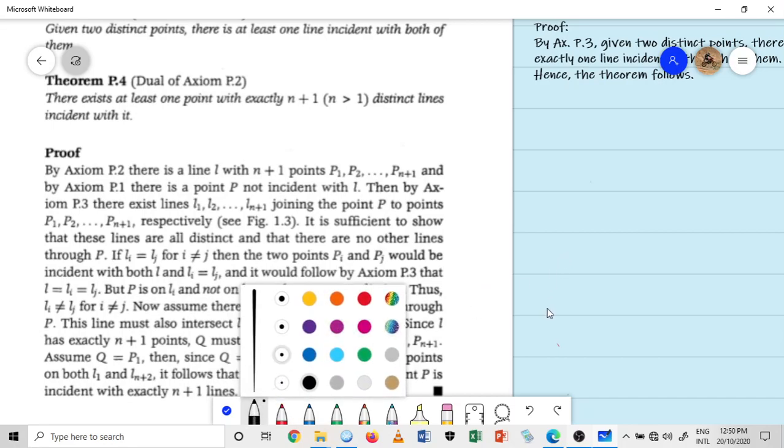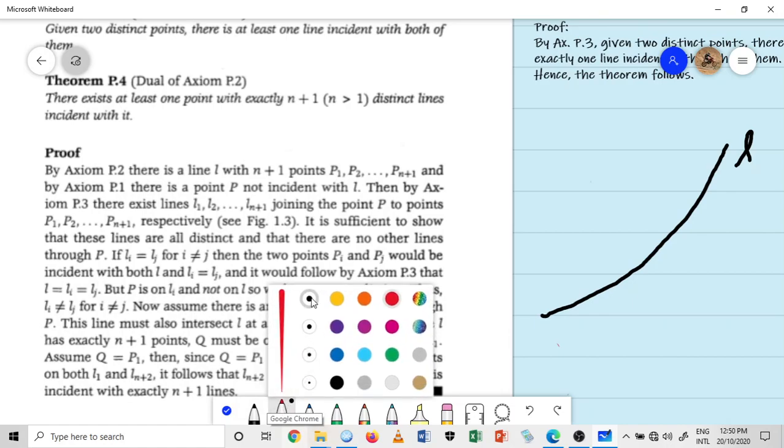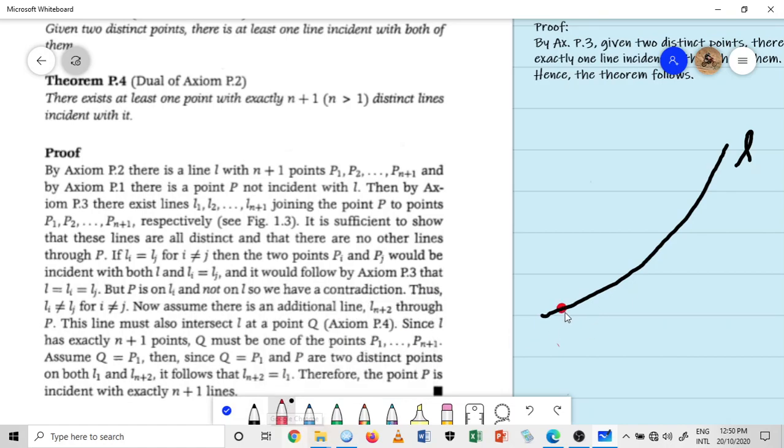So, axiom P.2 assures the existence of a line. Let's call it L, line L, wherein there are n plus 1 points. Okay, suppose these are the points.